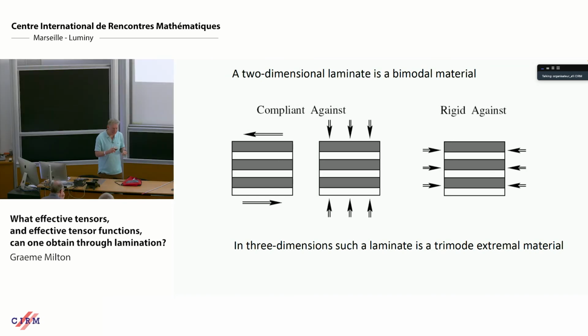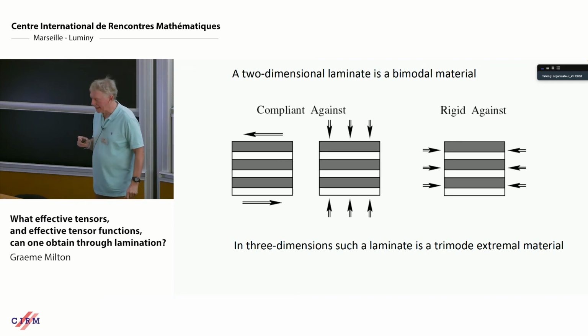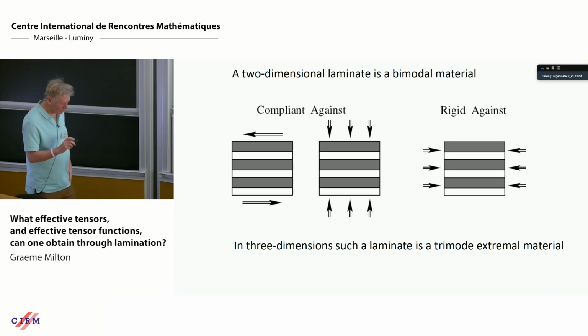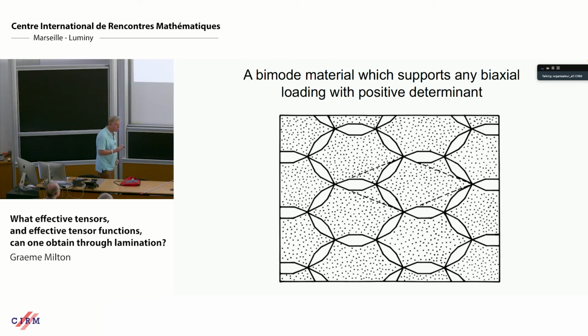And then, in particular, in 3 dimensions, there's a class of materials that we call Pentamode Materials, where you have 5 eigenvalues close to 0 and 1 eigenvalue fairly large. The study of these materials has become quite popular. This is a different type of structure, which supports a loading.